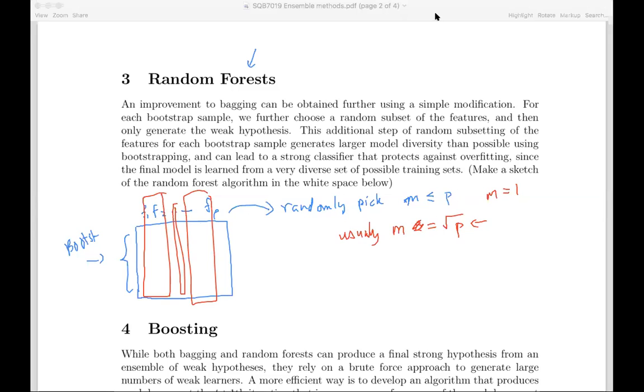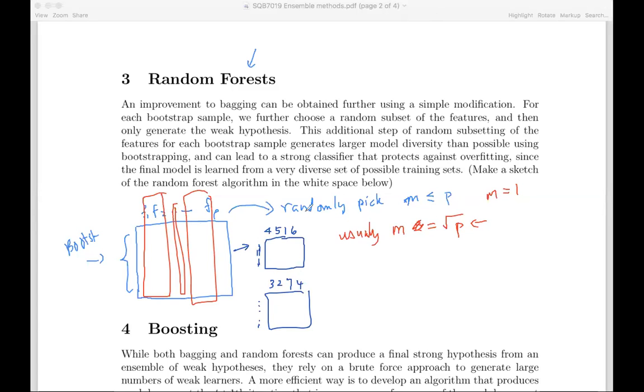So you end up with a sample whereby maybe here you have columns 4, 5, 1, 6, let's say. And here these are some bootstrap rows, and this one may be 3, 2, 7, 4.